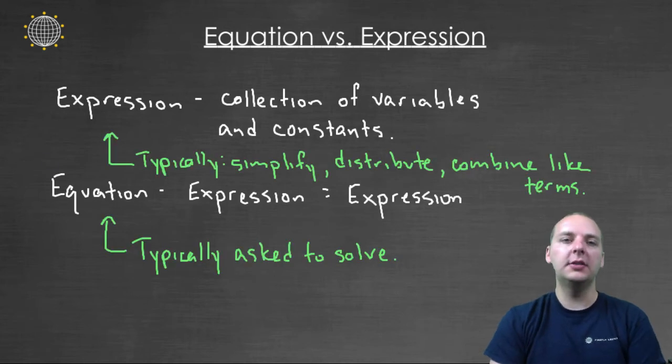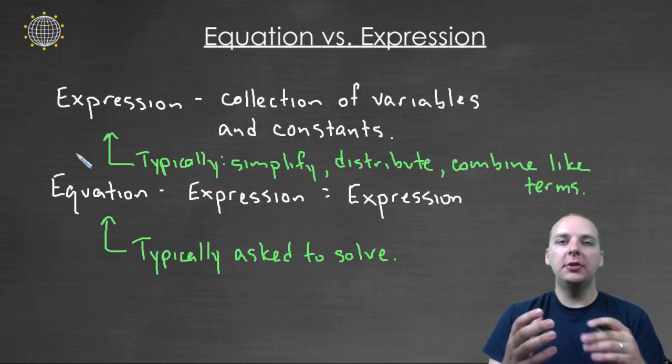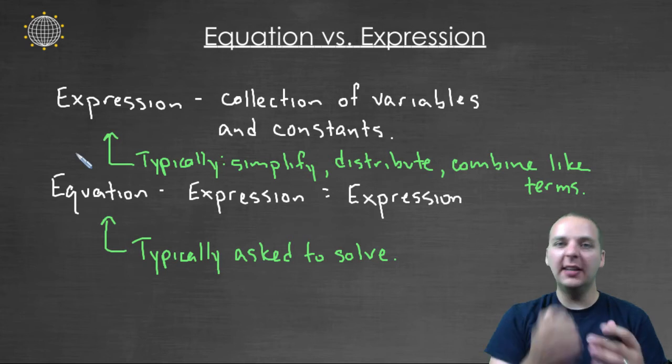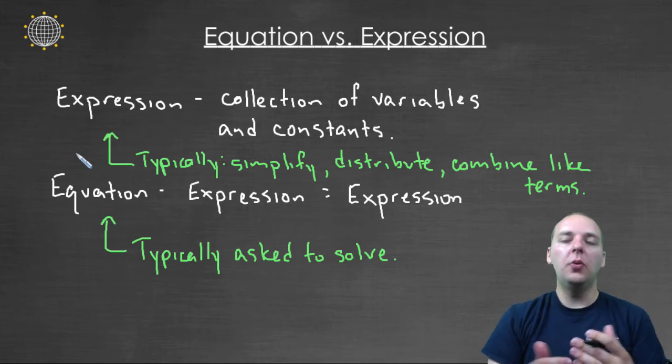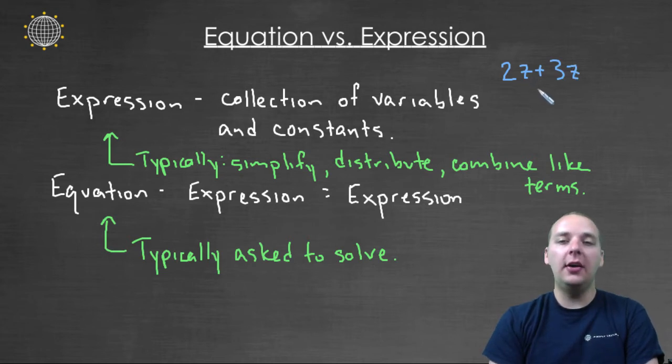Well, with expressions, the problems that you'll typically see will either ask you to simplify the expression or distribute terms or combine like terms, but it'll all center around just manipulating the way that the expression looks, but you won't be finding specific x values. For example, if you had 2z plus 3z, those are expressions and it's not an equation because I don't see an equal sign.